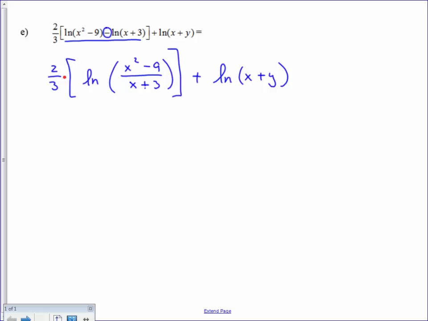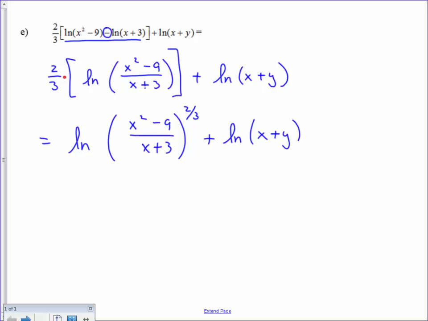That constant can be rewritten as the power on that argument. So this would be the natural log of (x squared minus 9) over (x plus 3), and then all raised to the 2/3 power. And then we would still have plus natural log of x plus y.